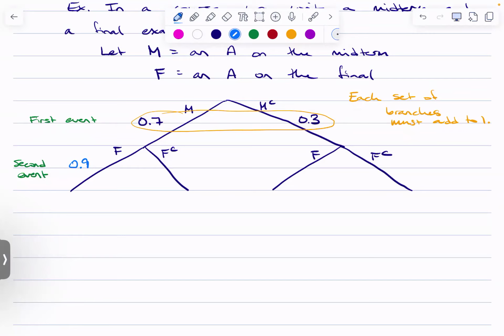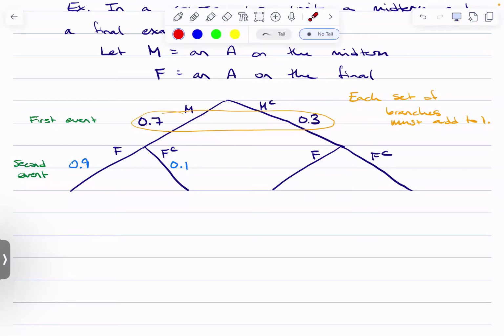Remembering that each set of branches must add to 1, then the probability that you don't get an A on the final must be 0.1, right? Because if you got an A on the midterm, you're in this group and you only have these two options, A on the final, not A on the final, so these have to add to 1.